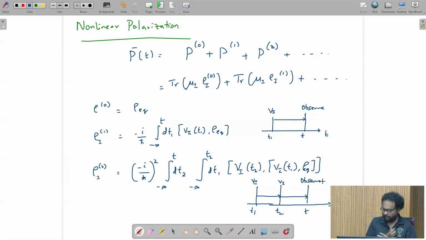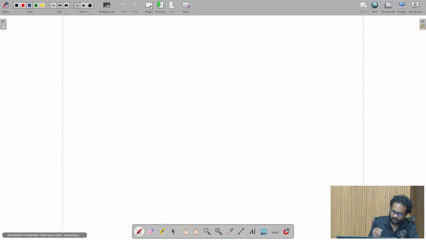Okay, so now we want to calculate nonlinear polarization. So let's calculate second order nonlinear polarization. For calculating second order nonlinear polarization, we just have to solve this.